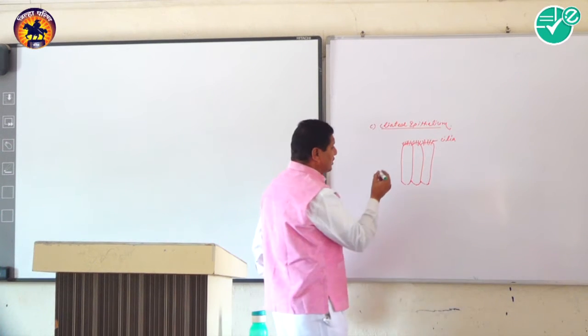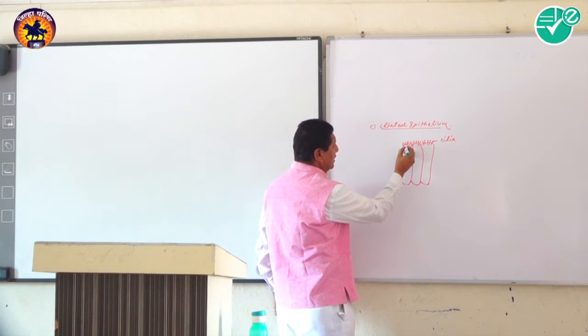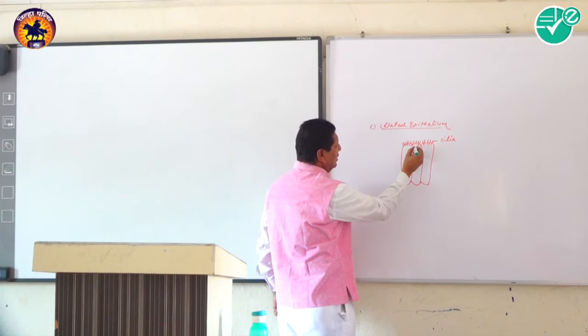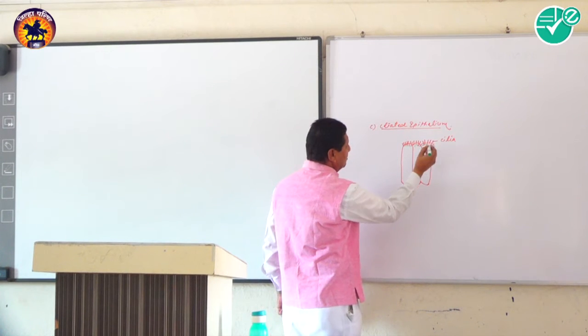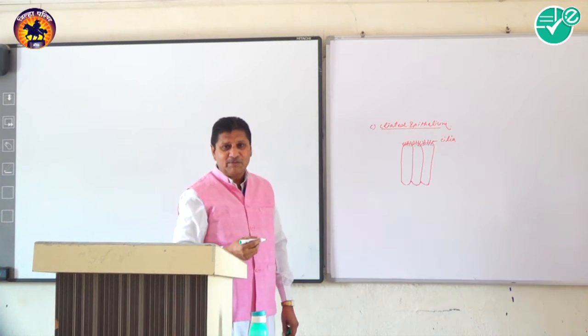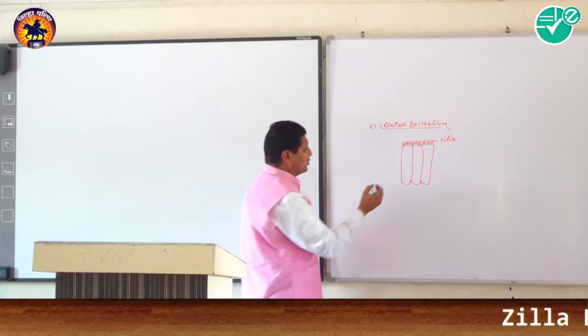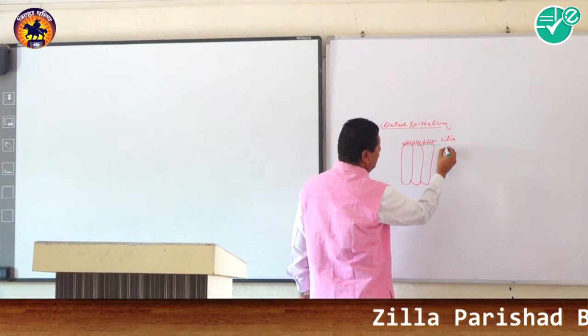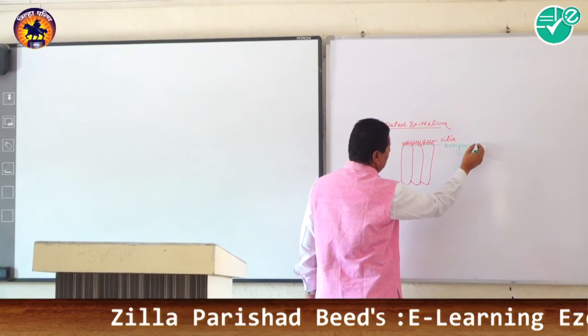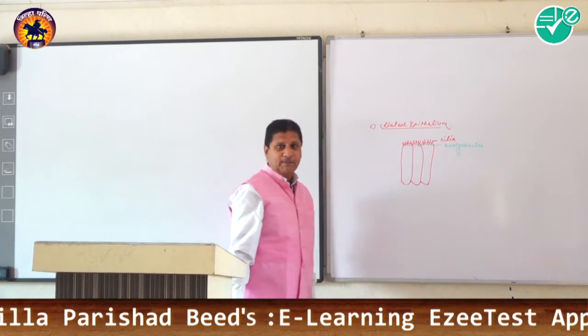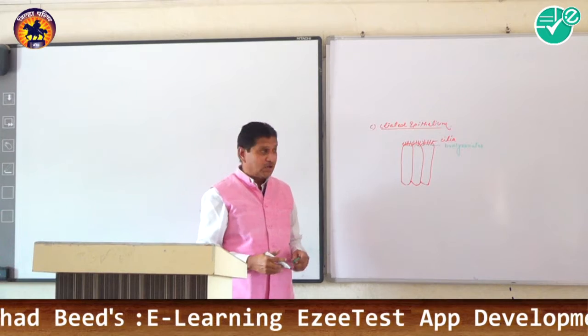Now, these cilia arise from small particle-like structures which are present at the free end of the tall cell. Such structures are known as the basal granules.